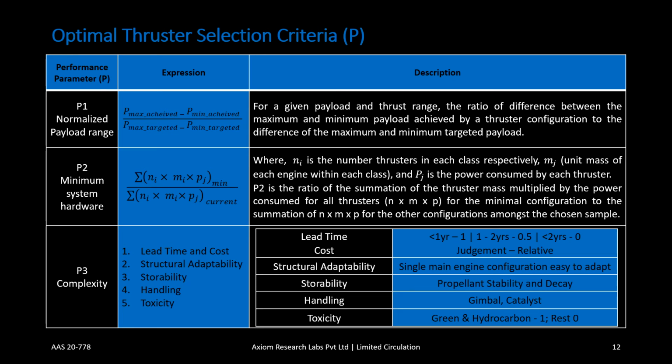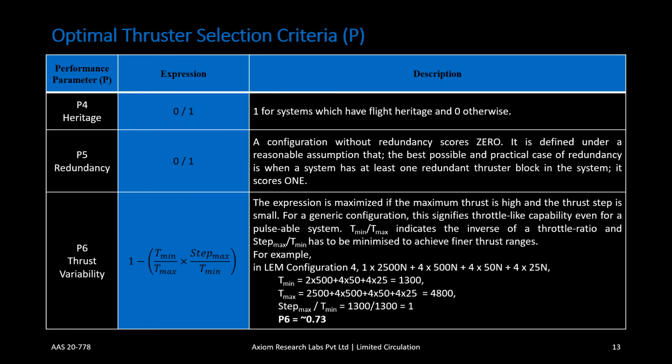And P3 now refers to the complexity of the design, which has been broken up into factors like lead time and cost, structural adaptability, storability, handling, and toxicity, and each of them has been broken down quantitatively to give an overall P3 performance parameter between 0 and 1.